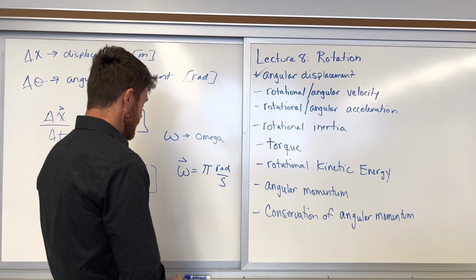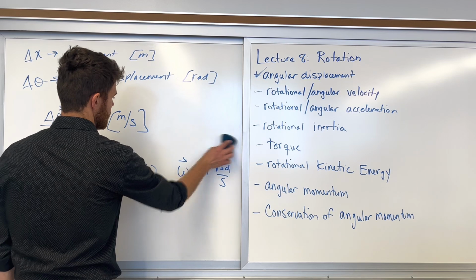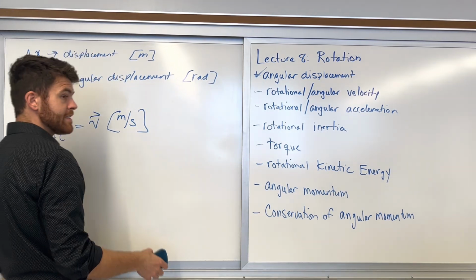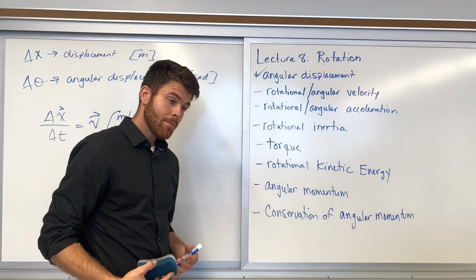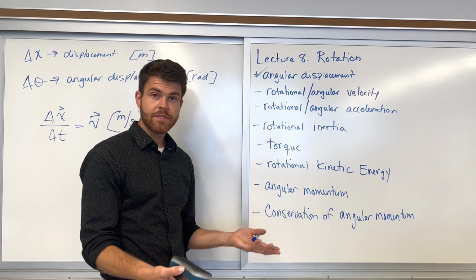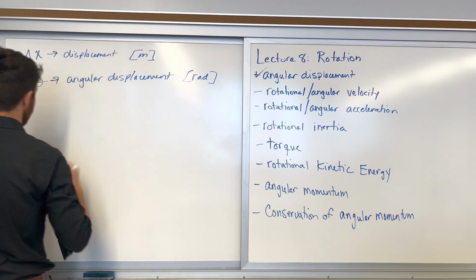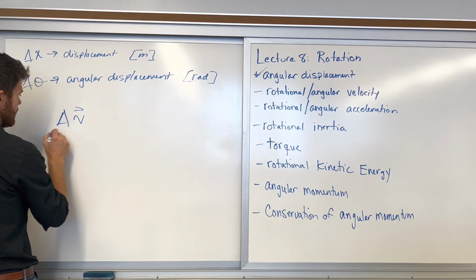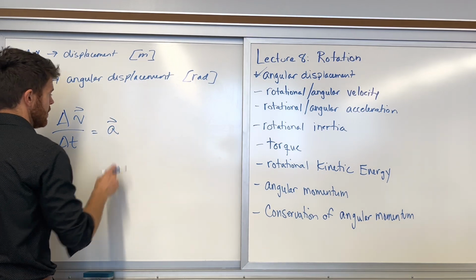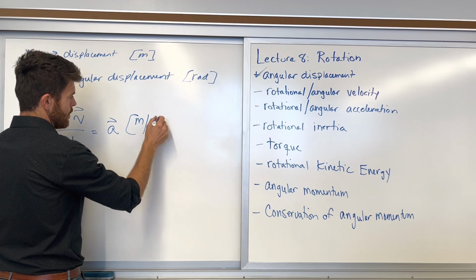Now, just like with translation, our speed or velocity can change with time too. An object can speed up, it can slow down, its velocity can change, and we measure the rate of change in velocity as an acceleration, a translational acceleration measured in units of meters per second squared.